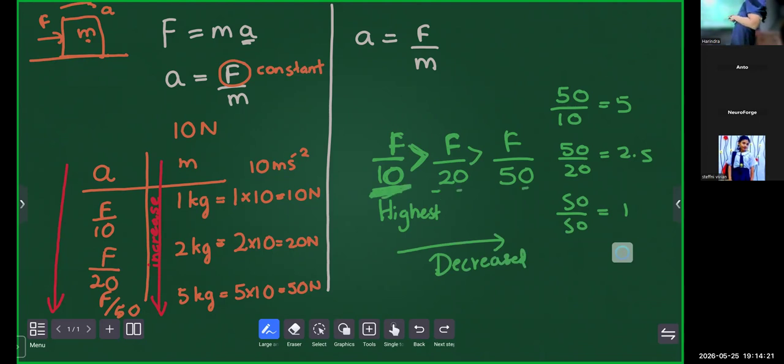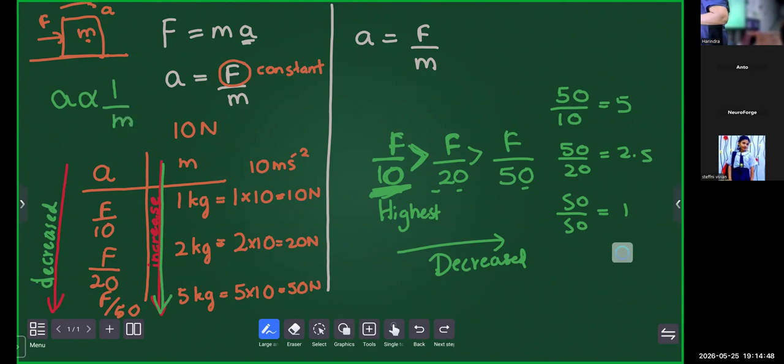Okay? It becomes smaller. So here, when we apply more mass, what will happen to the acceleration? It's getting decreased, not increased, decreased. That's why we call this acceleration inversely proportional to the mass.